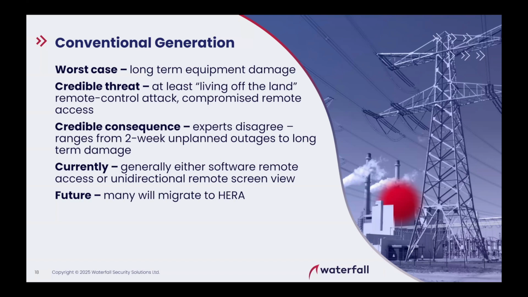What's the credible consequence? Well, here's where experts disagree. Some experts will say that all of the threats that can bring about an unacceptable consequence, because they generally see a turbine tearing itself to pieces as unacceptable, can be detected.